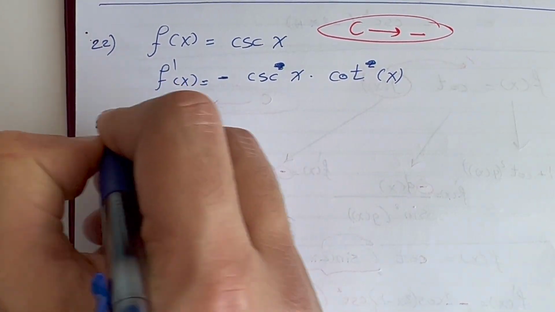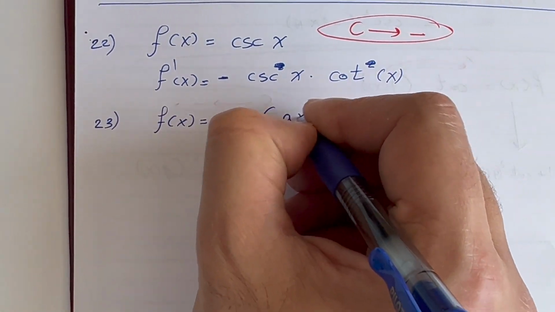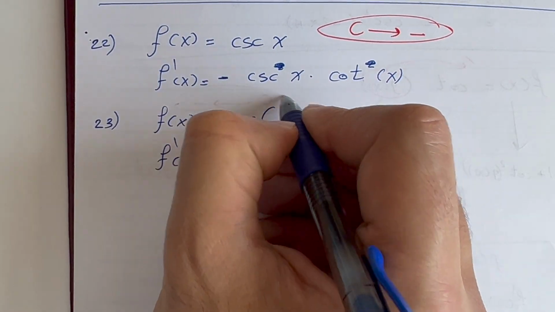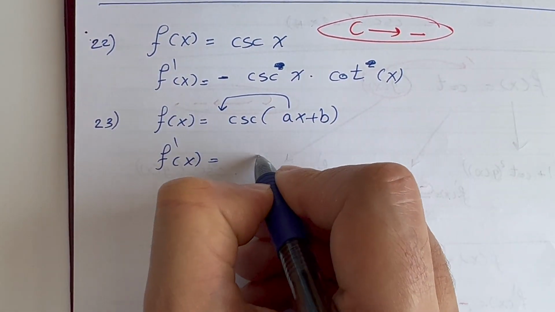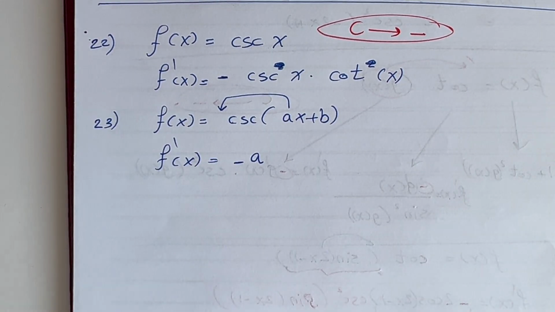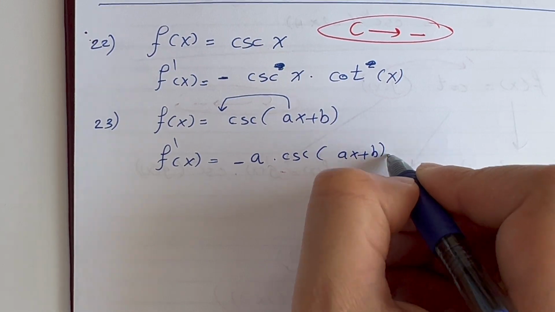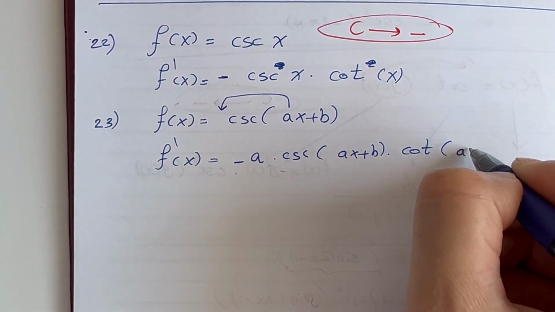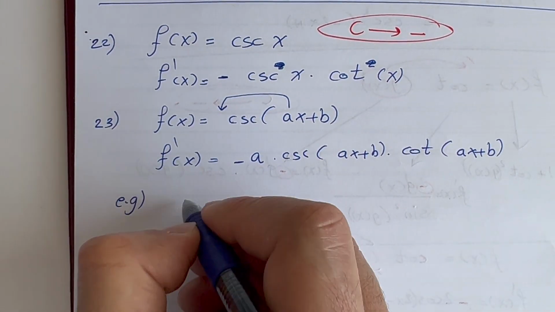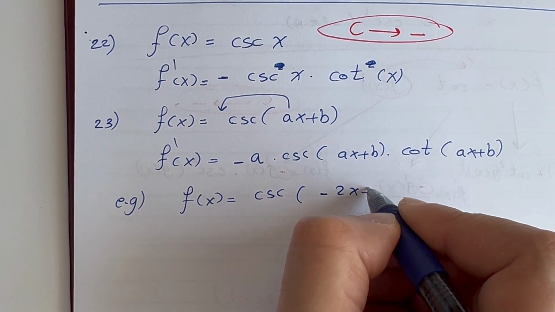Rule number 23. What if I have cosec(ax plus b)? Same thing. Take the number a, put it outside, and since cosec starts with c, the derivative is negative, cosec the angle times cotan the same angle. That's all. Example, what if I have cosec(negative 2x plus 1)?